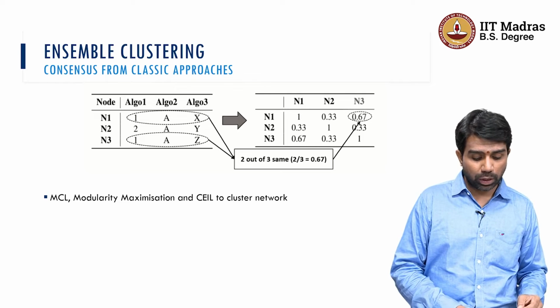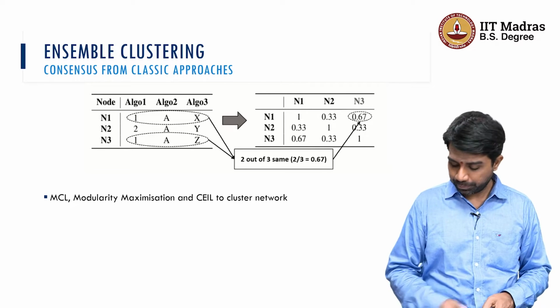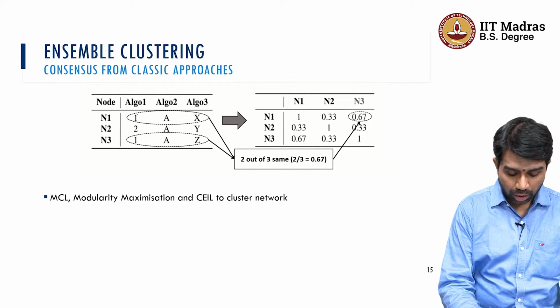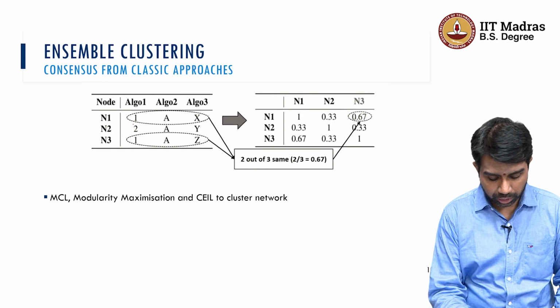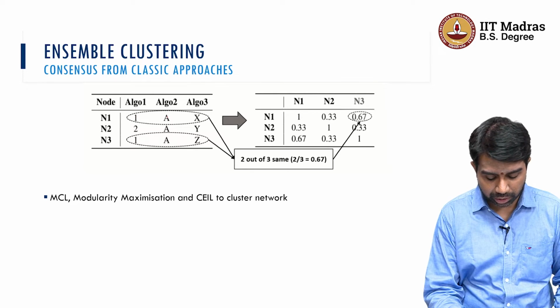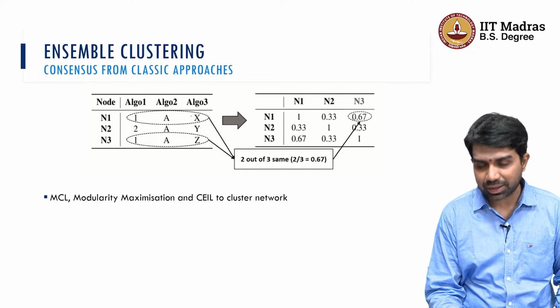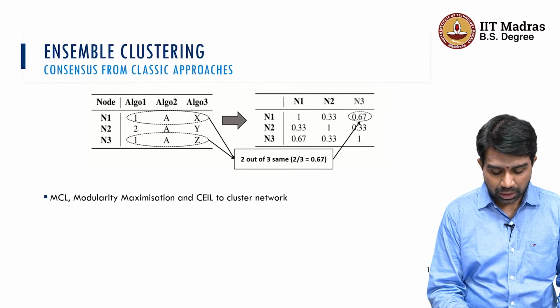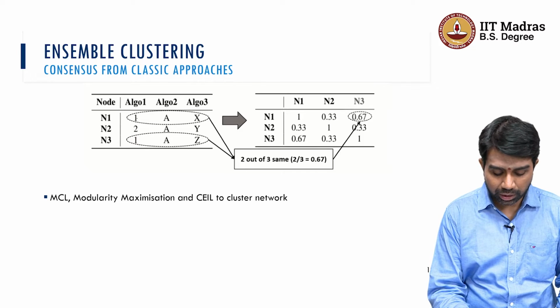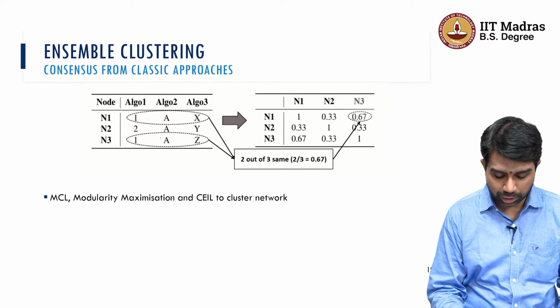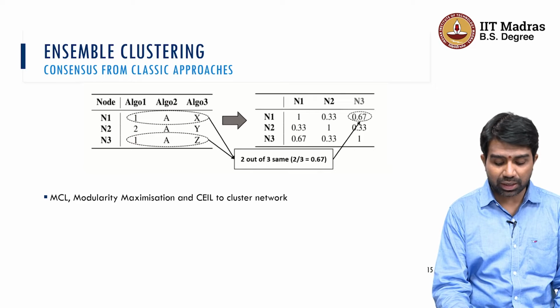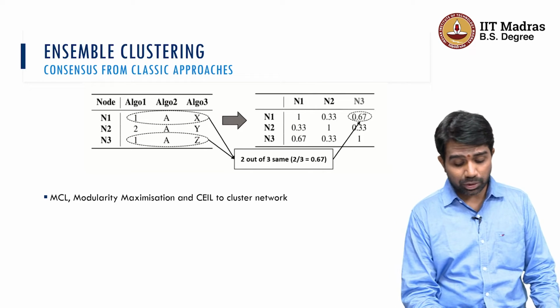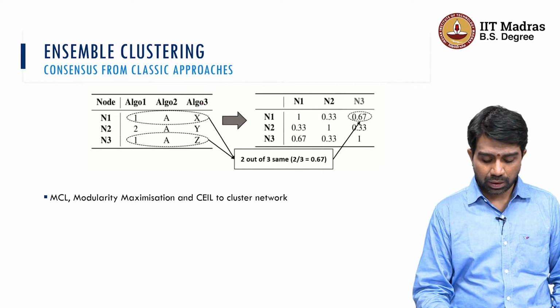So node N1 falls into community 1 according to algorithm 1, community A according to algorithm 2, and community X according to algorithm 3. But if you see N3, it occurs in community 1 according to algorithm 1, community A according to algorithm 2, and community Z according to algorithm 3.